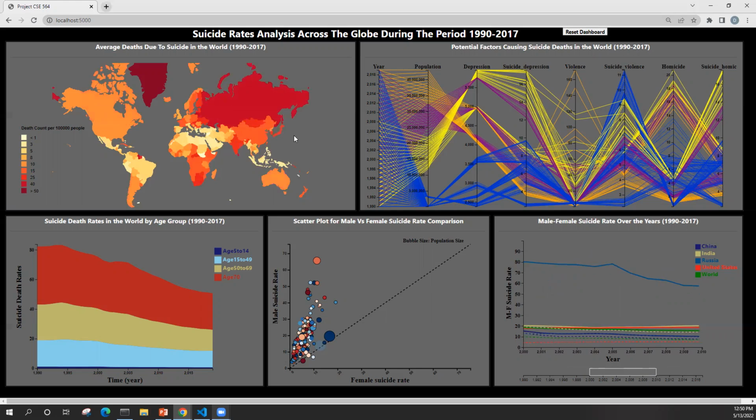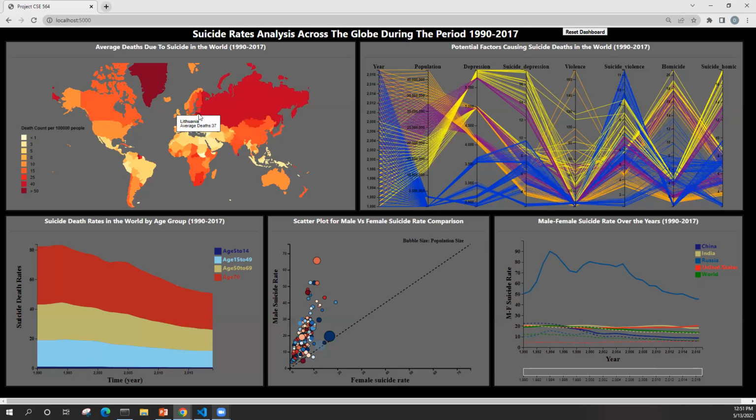So moving on, now I will use the interactivity among these plots to bring out the inferences about different countries. We can see the most affected countries here are Greenland, Guyana, Suriname, Lesotho, Russia, Ukraine, and Lithuania.